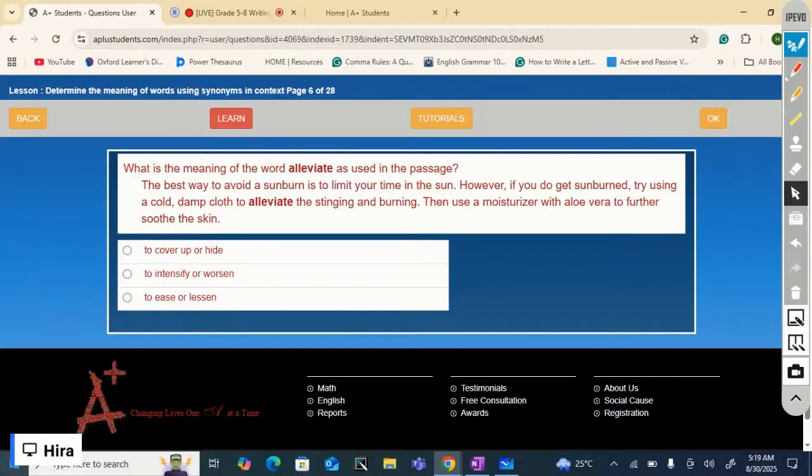Well, the third option, to ease or to lessen, is the meaning of alleviate. Means it eases the stinging and burning or lessen the stinging and burning. Alleviate means this.